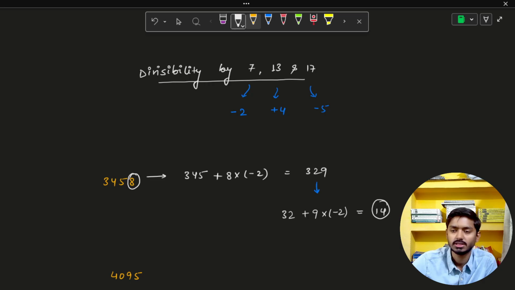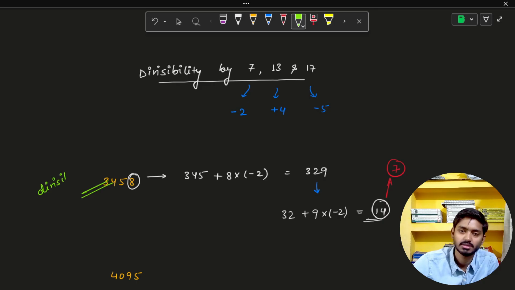We can continue again, but we can very clearly see that 14 is a multiple of 7. 14 is divisible by 7. So we'll say the entire number is divisible by 7. Very simple was that. You need to learn the modifier at least.